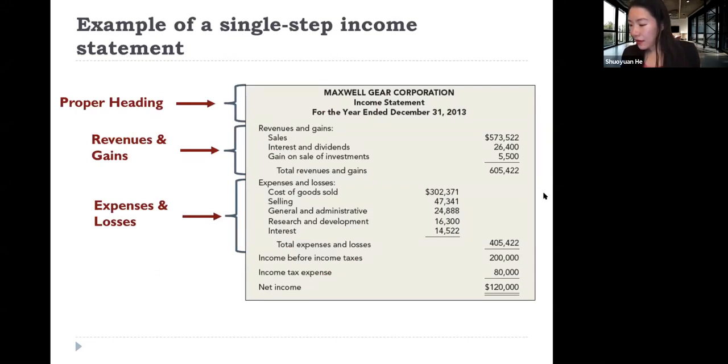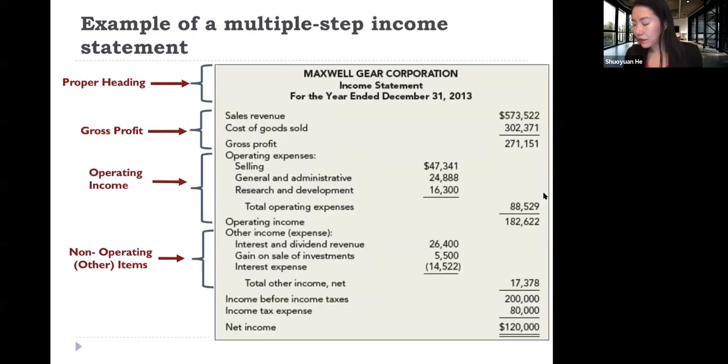And then, yeah, so we have shown a multiple step income statement before. And here is a single step income statement, which is basically grouping revenue and gains, expense and losses. So here again, it is a multiple step.